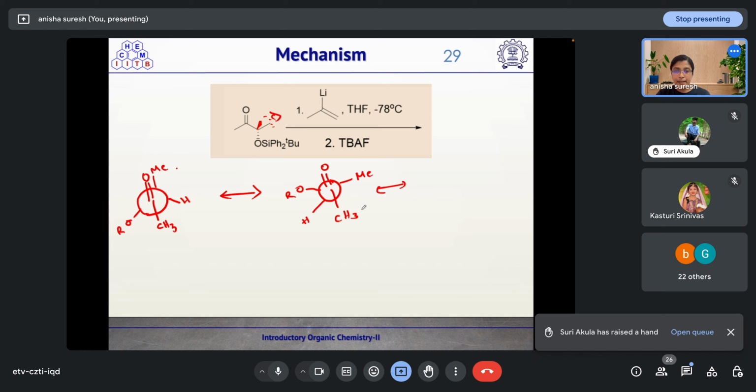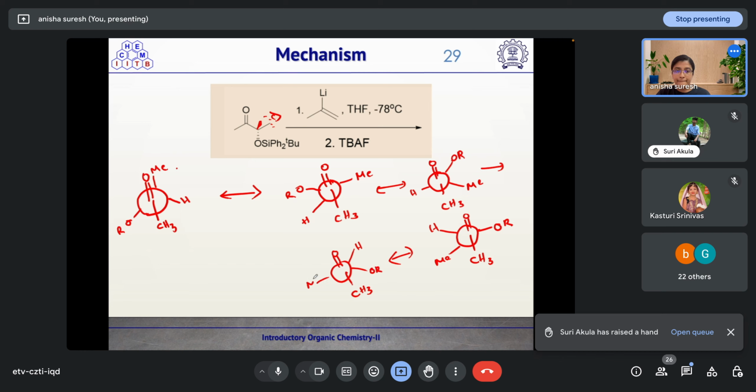methyl, again rotate, CH3, methyl, OR, hydrogen, OR, methyl, hydrogen. This we have drawn.